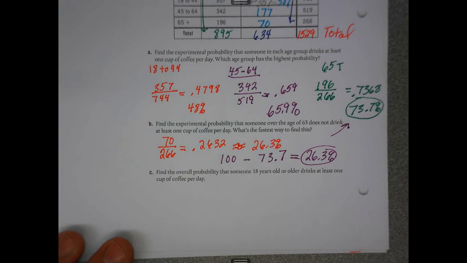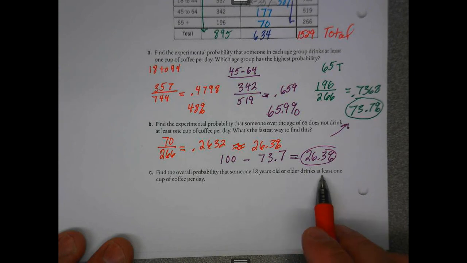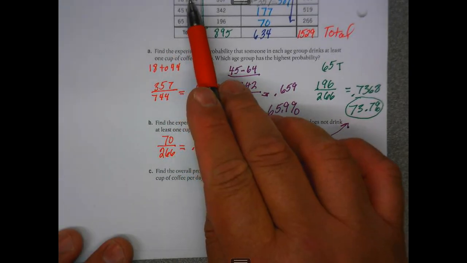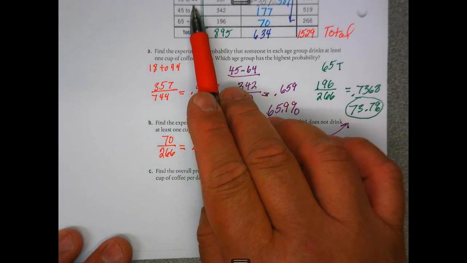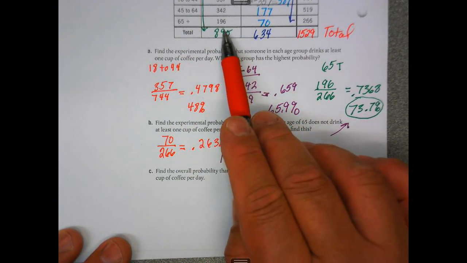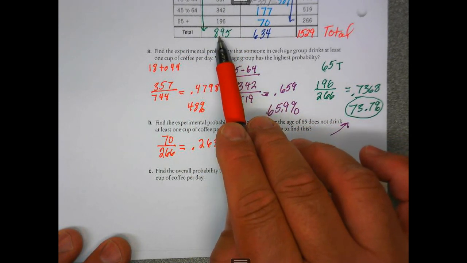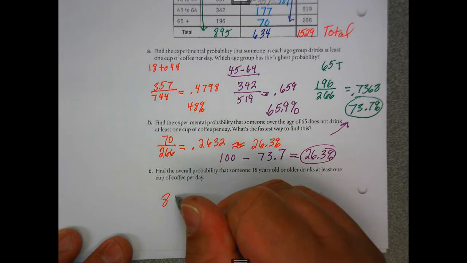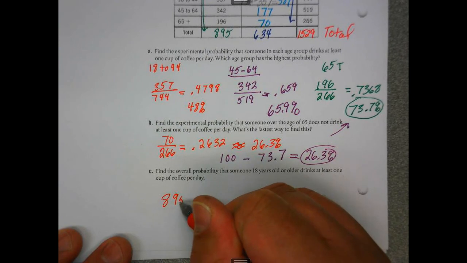And then that's going to be out of the total of 1529. That gives us a decimal of 0.5853, which is approximately 58.5%.